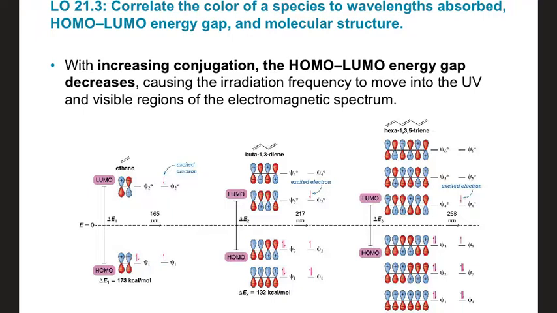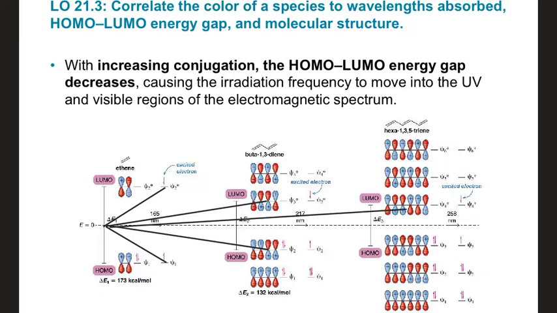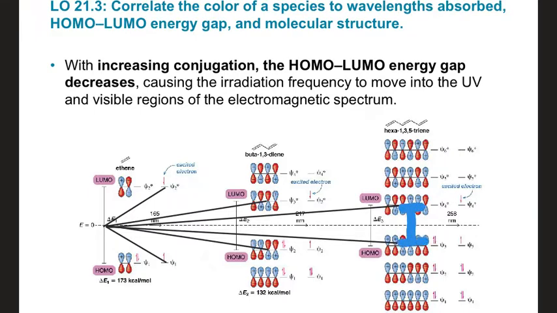So let's draw that out again. If we have from E0, there, HOMO to LUMO. We actually didn't do this one before, but you can see that the gap between these is getting much, much smaller. Right, and let me try to emphasize it here.